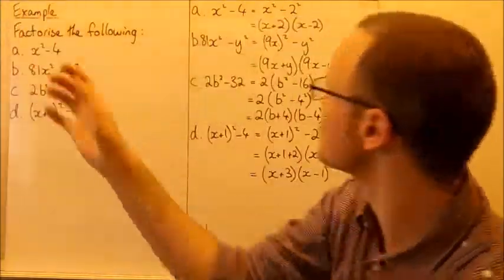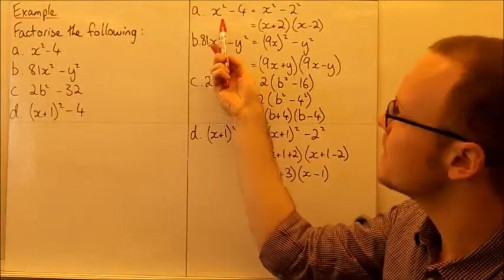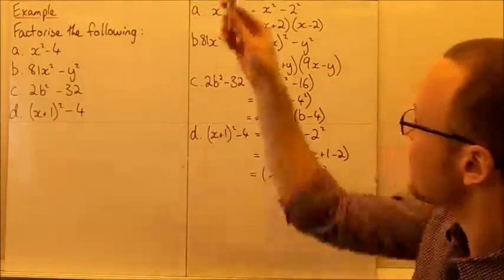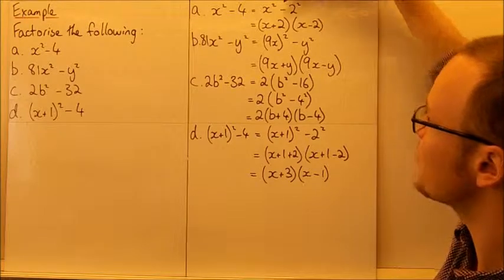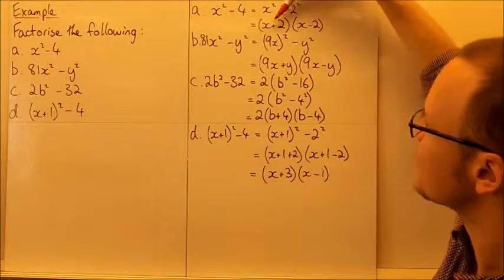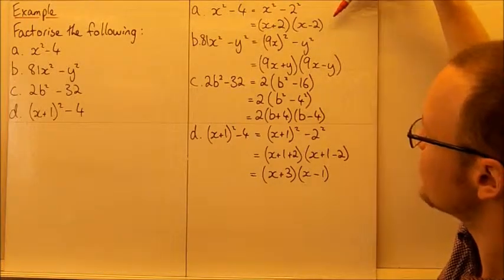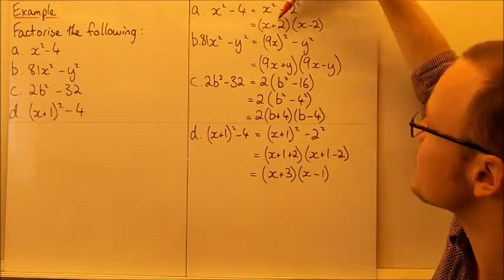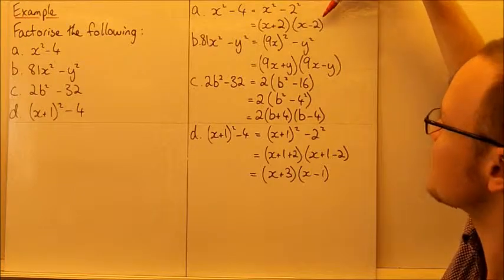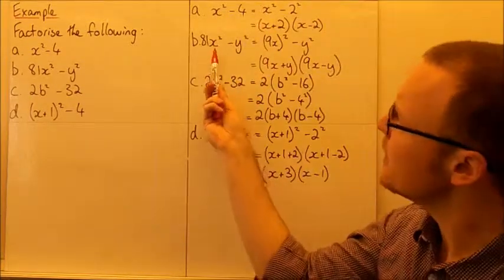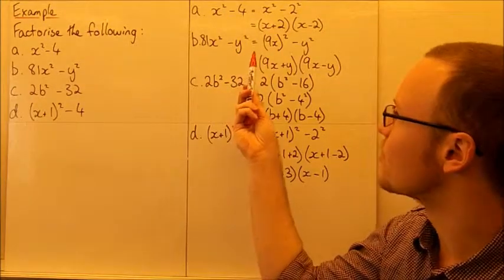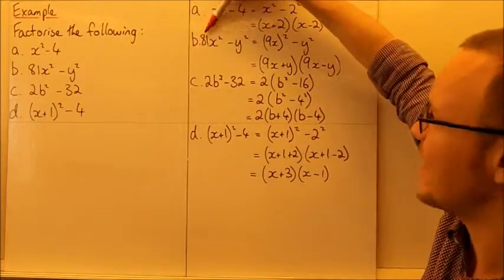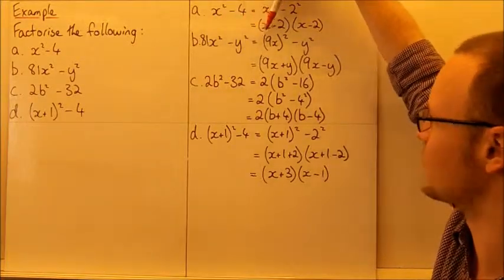Let's look at some examples now. So the first one here, x squared minus 4. That is the same as x squared minus 2 squared. So this is a and this is b. So here we've got a plus b times a minus b, a being x and b being 2. So we get x plus 2 times x minus 2. Here, 81x squared minus y squared.